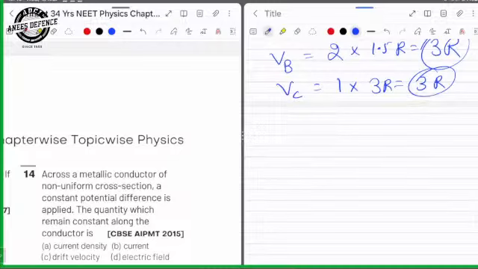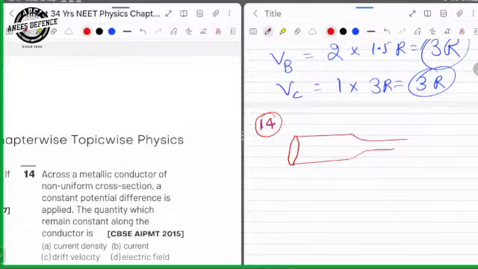Next question. Question number 14. Across a metallic conductor of non-uniform cross section, means cross section is not uniform, here cross section is more and again cross section is less, right?